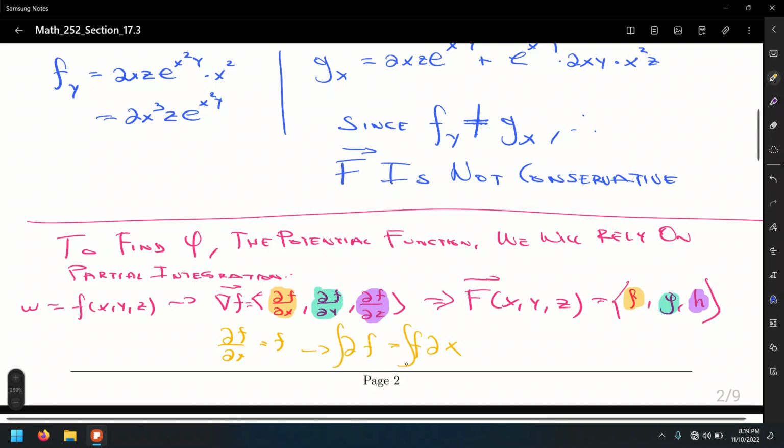So just integrate both sides, and that's going to be phi equals the integral of f dx. I think I'm having a little issue with the letters, but it should be phi, which is the potential function.